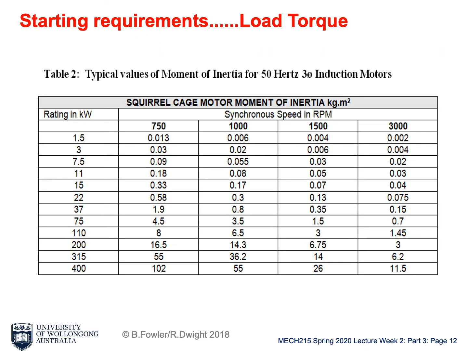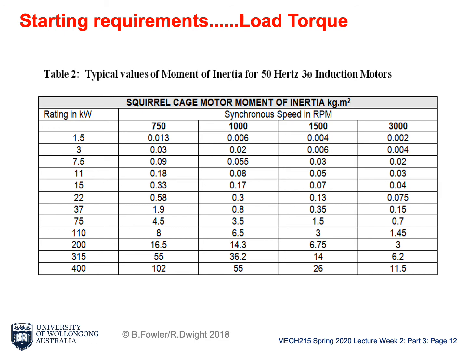And this is table 2, which shows the moment of inertia of typical induction motors. Motors from different suppliers will have slightly different numbers, but in the ballpark they are similar in this range. In most situations, the moment of inertia from the motor will be quite small compared to the inertia from the load. So this is a small portion of that limit.